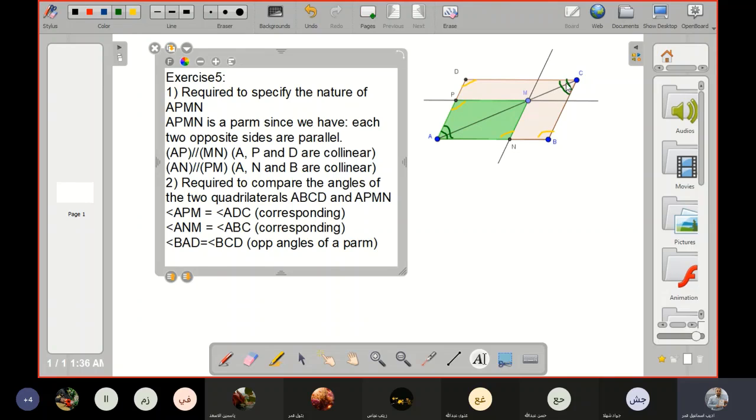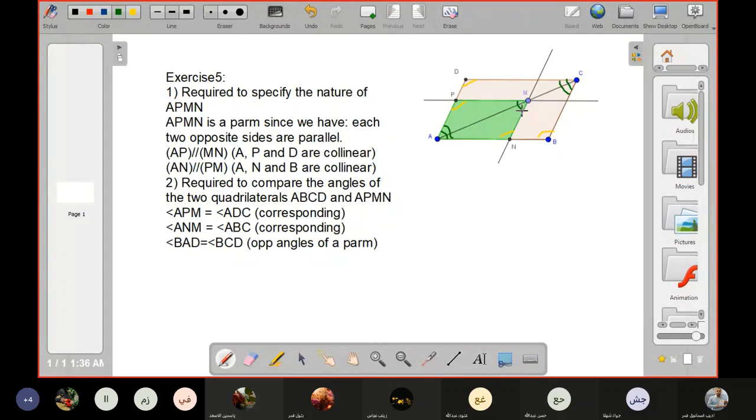Now what do we say about the angle C and the angle M? What can you say about these two angles, angle C and angle M? Equal. Equal by what?